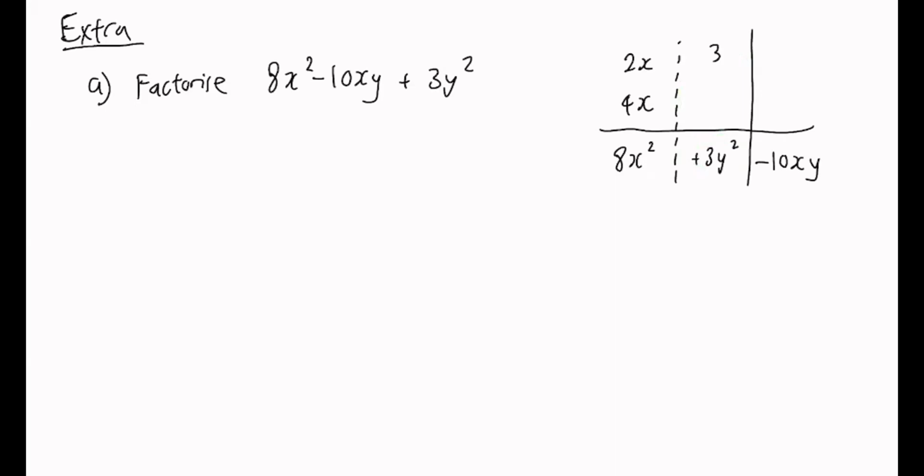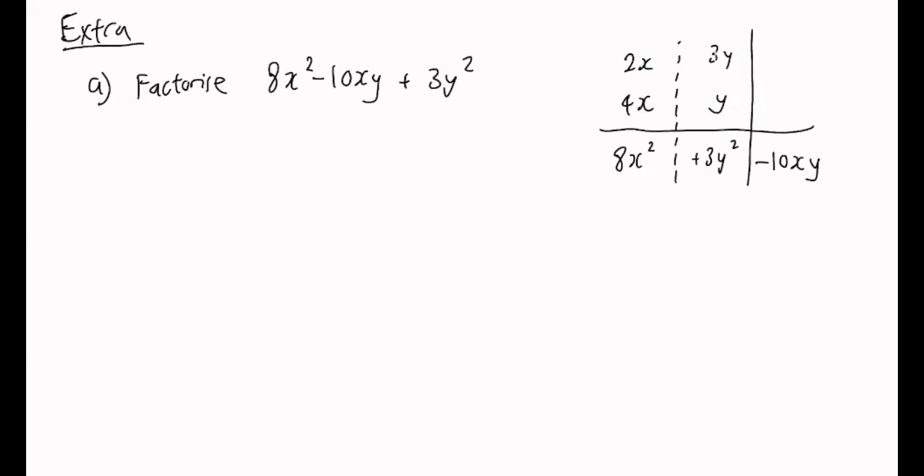Could be 3 and y squared. Could be -3 and negative y squared. Could also be 3y and y, or -3y and -y. All these possibilities you need to cross-multiply, then you can see if you get the correct answer.